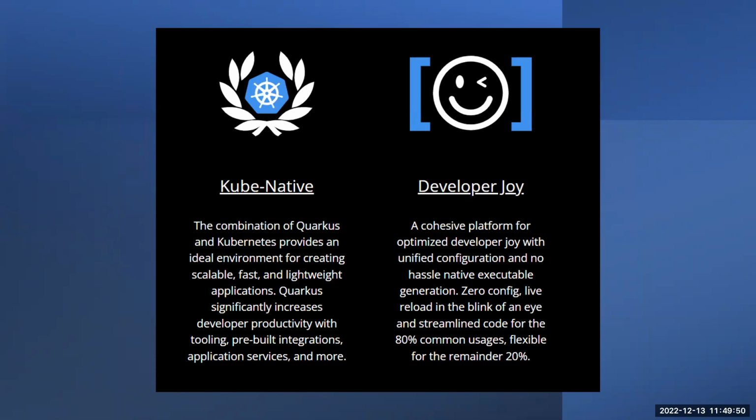Why is it called a developer joy? As developers, when we write code, to ensure that the changes we made are reflected in the application, we either need to build again or restart the server.